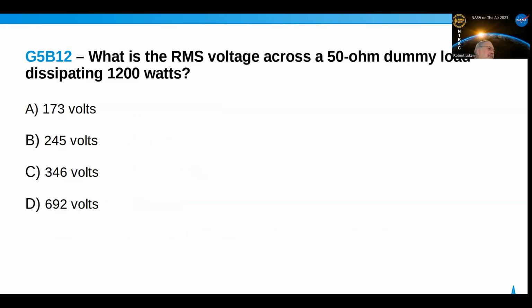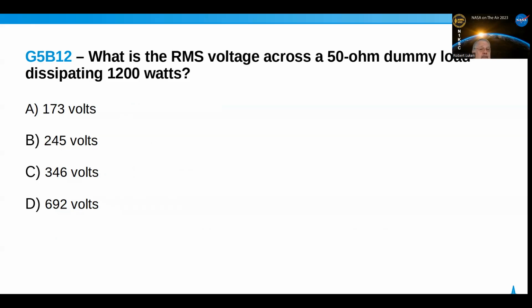Well, here's another one for you. What's the RMS voltage across a 50 ohm dummy load dissipating 1200 watts? It doesn't matter that it's a dummy load. It's still 50 ohm resistance.